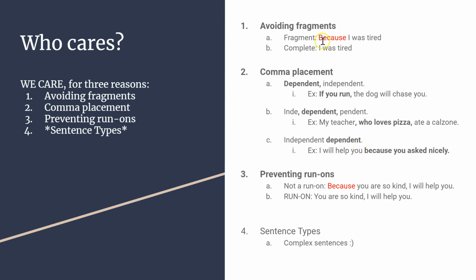Okay, so we talked about fragments and commas. We also need to care about independent versus dependent because we want to prevent run-ons. Again, it's encouraged to put a comma only between a dependent and independent clause. But if I only put a comma between two independent clauses, like in example B, that's a run-on.